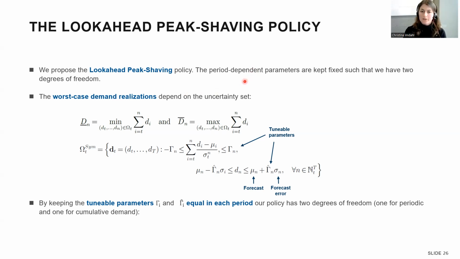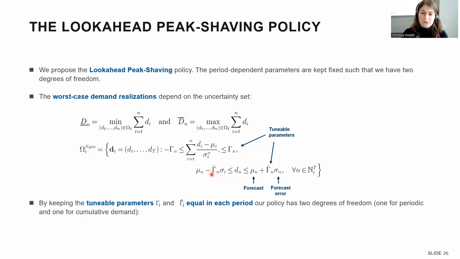So typically for every period, we have a period dependent bound, and we have the cumulative demand bound. They can vary per period, but we set them the same for each period. Essentially, we have 2 bounds, one the cumulative demand bound and one the per period demand bound.